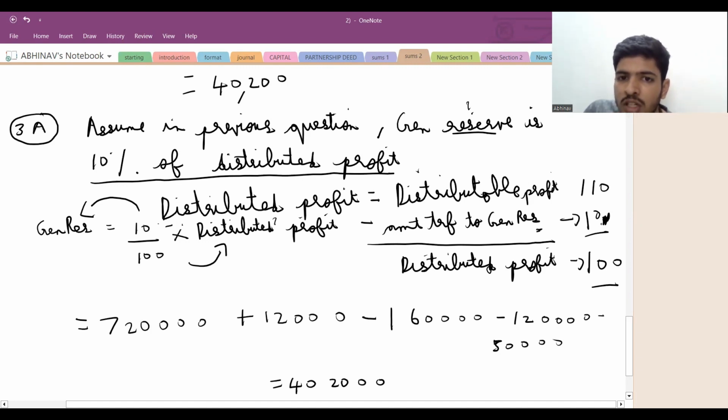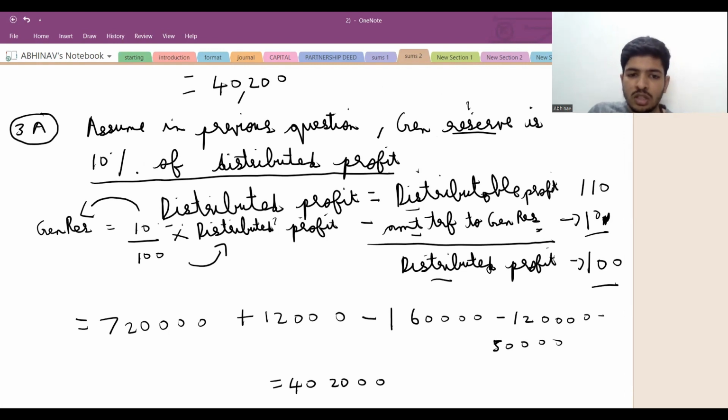So what is the value from which if 10 is subtracted, you get 100? 110. So simply put, 110 is distributable profit.